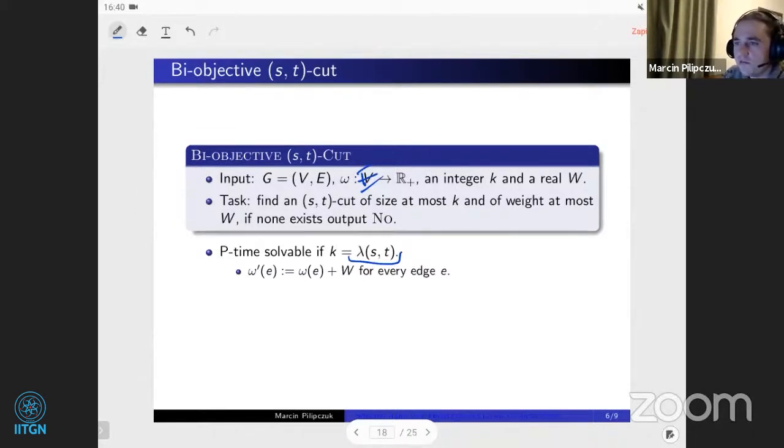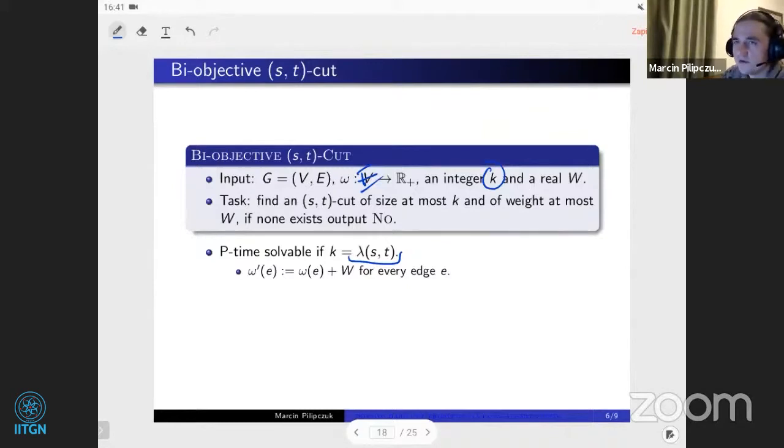If k, the bound on the cut size, equals the size of the minimum cut or maximum flow, that means I need to find a minimum cardinality cut of smallest weight. I have weights and cardinalities. The problem becomes simpler because I'm not looking for a cut of some bounded size, but for a minimum size cut with some extra weight bound.